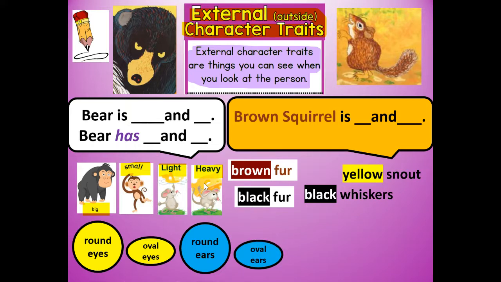So you could say bear has round eyes and round ears. So if you want to write a third sentence about bear, push pause and write bear has round eyes and round ears. And when you're done writing that sentence, push play.